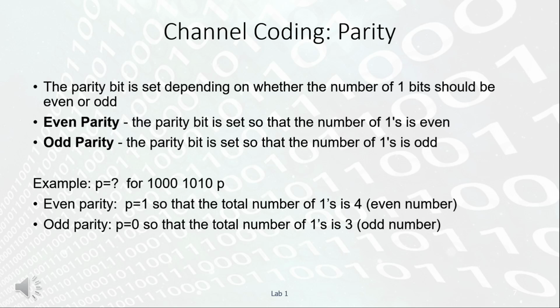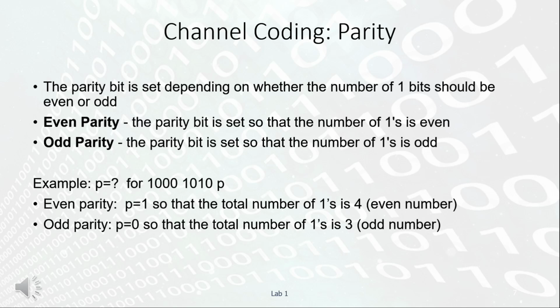P is the parity bit. That's the 9th bit in a group of 9 bits. So 8 bits of data we call the payload, and then the 9th bit is that P. So if the system has even parity, how many ones are in that number? So we have 1, 0, 0, 0, 1, 0, 1, 0. 3 bits are ones.